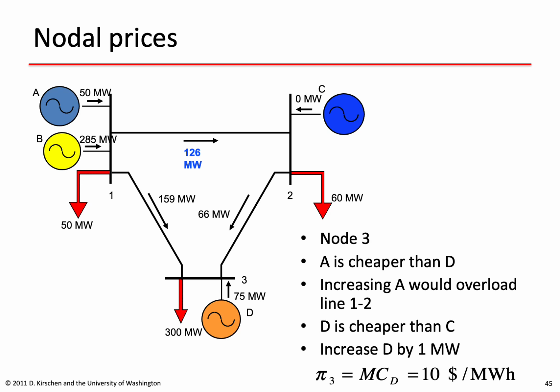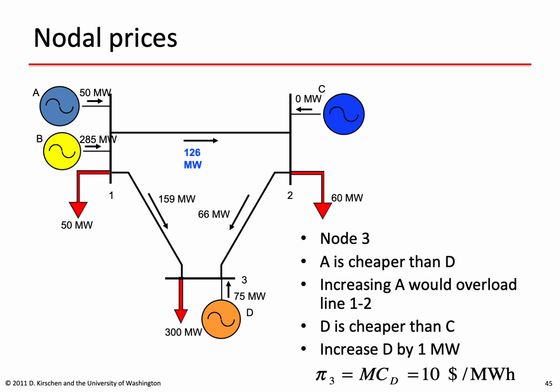How about bus 3? Well, if we add a megawatt of load at bus 3, we would probably want to try to produce it with the cheapest generator, which would be generator A, because generator A is cheaper than generator D or even generator C. But if we increase the output of generator A by 1 megawatt, some of this megawatt would go over line 1, 2, which is already operating at its maximum capacity, so it would overload line 1, 2.